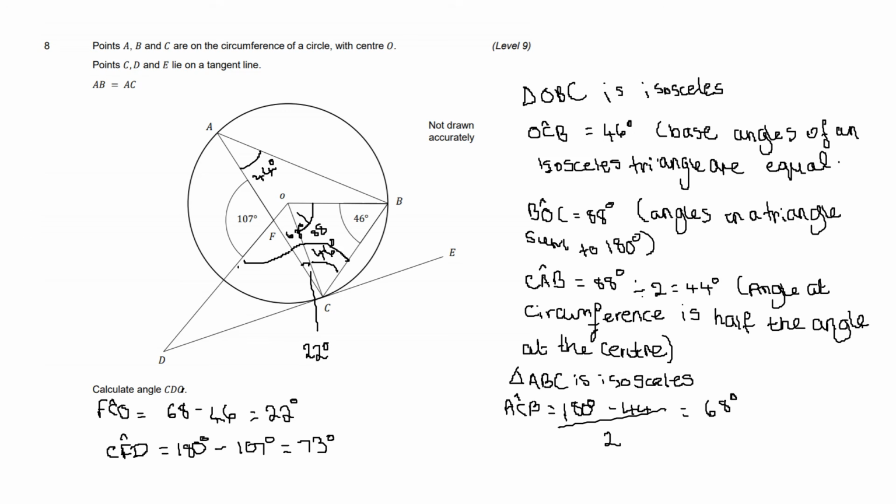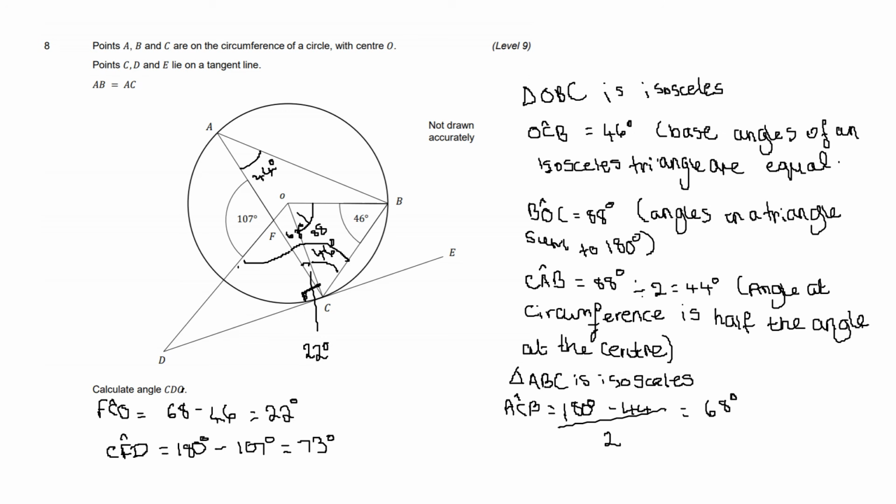And that would be because angles on a straight line sum to 180 degrees. And then here, DCO is 90 degrees. So that whole angle there is 90 degrees. And that's because DCE is a tangent and it meets the radius OC at the circumference, and where those two meet at the circumference it forms a right angle.